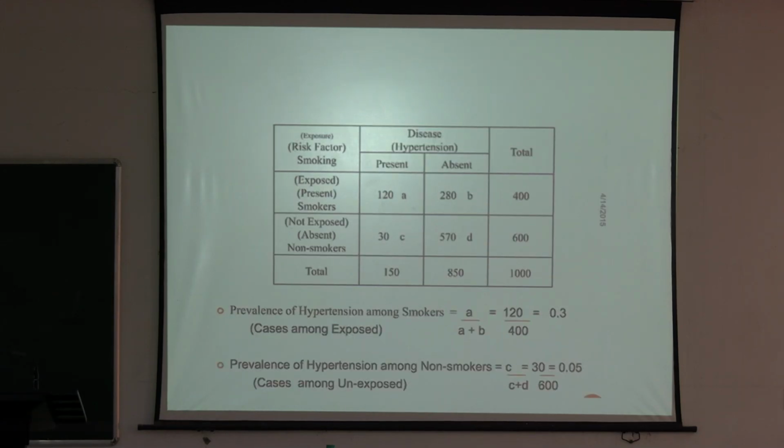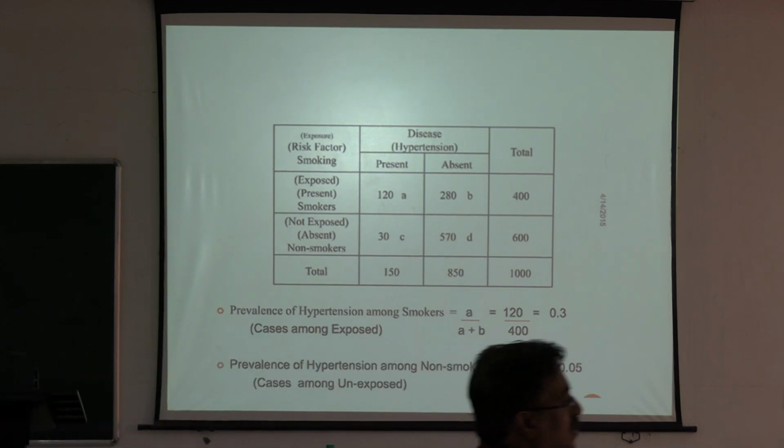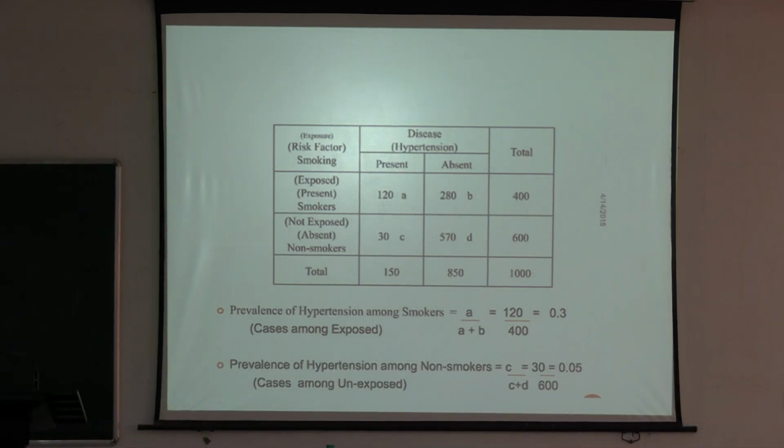So what is the prevalence of hypertension among smokers? How many people are smokers and how many have hypertension?